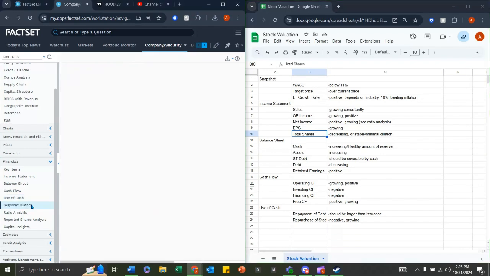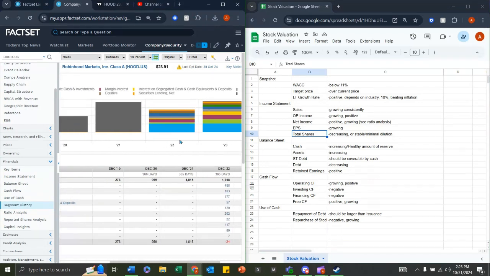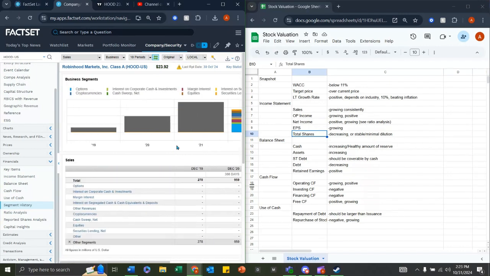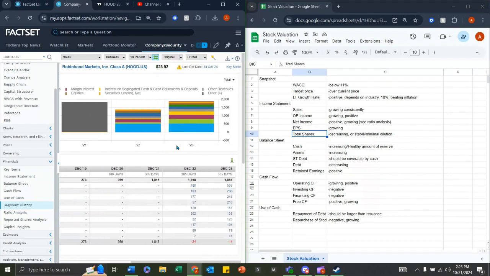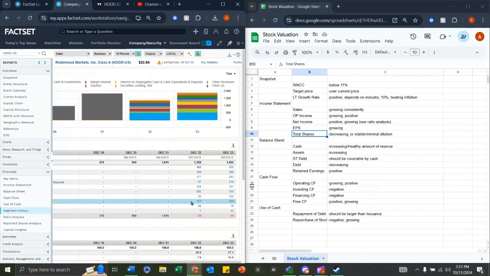So next, segment history. I'll go into that. So you could see Robinhood had a bit of a rough patch post-COVID in 2022. It looks like they're coming back from it now, but you do want to see segment history increasing. One thing I don't like about Robinhood's financial statements, which I think if you look at this, you may be able to guess, is they have way too many segments.